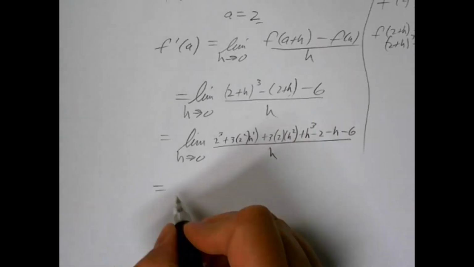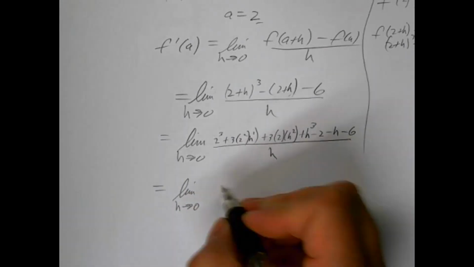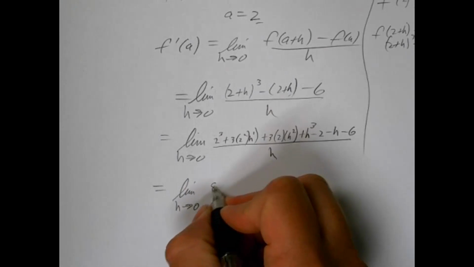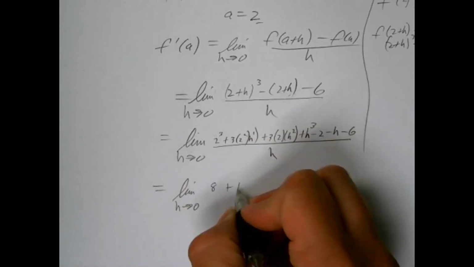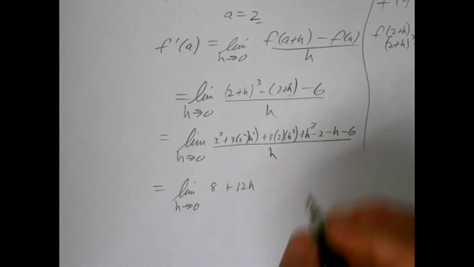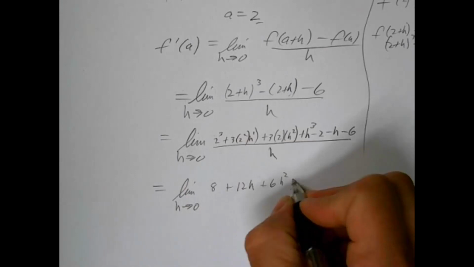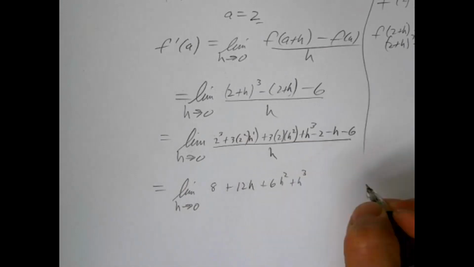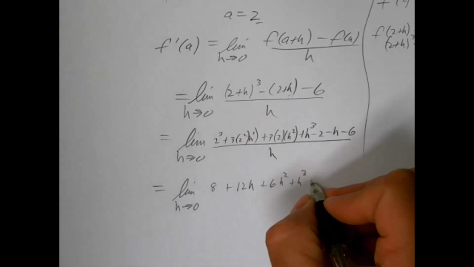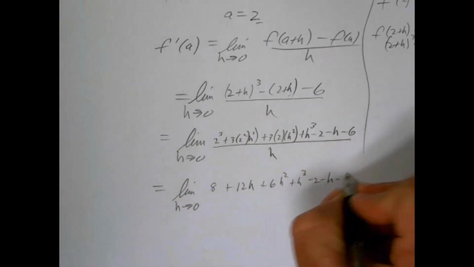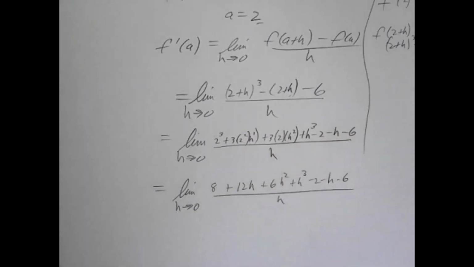all over h. So again, doing some arithmetic, 2 cubed is 8, 2 squared is 4 times 3 is 12, h to the first power. That's 6h squared plus an h cubed, minus the 2, minus the h, minus the 6, all still over h.